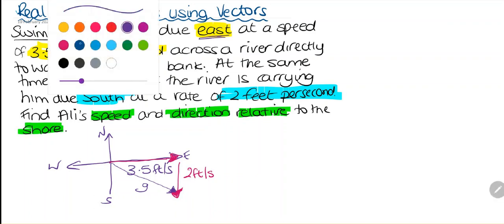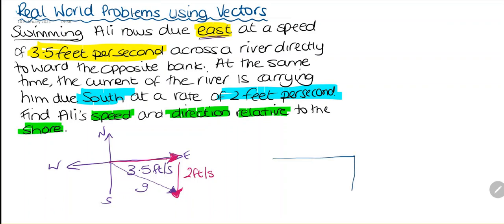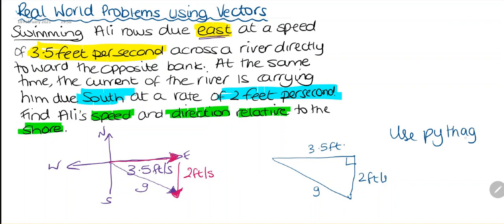So we have a right angled triangle. So this here is 2 feet per second, 3.5 feet per second, and this is G. So we can use Pythagoras. So we know that these two sides squared are going to be equal to this side squared.